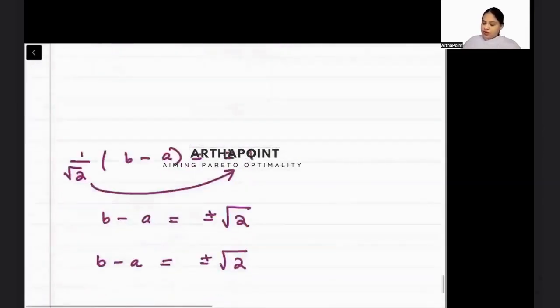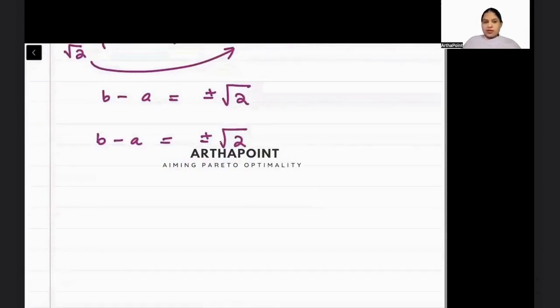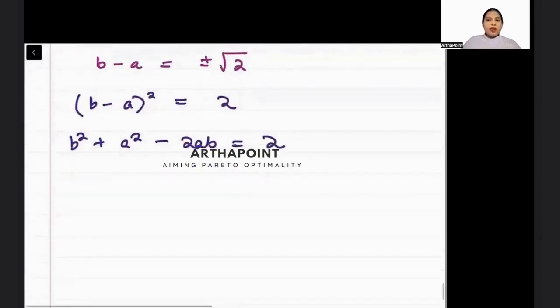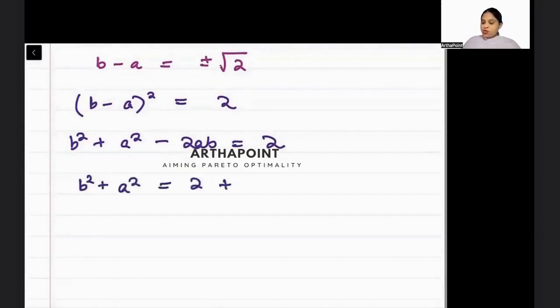So what will happen if I just square this on both sides, beta? So I will get b minus a whole square is equal to 2. So b square plus a square minus 2ab is equal to 2. है ना? So what will I get, beta? I will get that b square plus a square is equal to 2 plus 2ab. ठीक है?